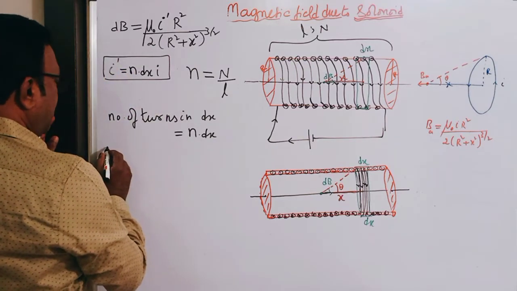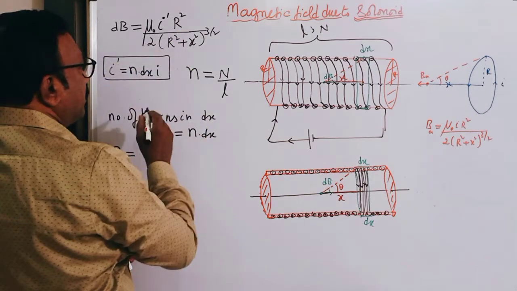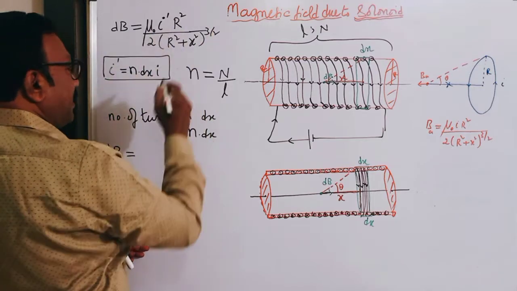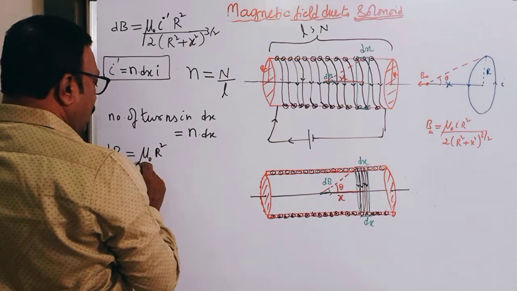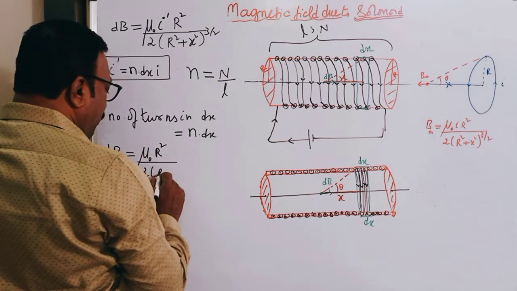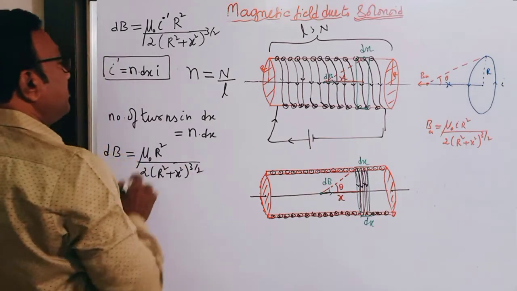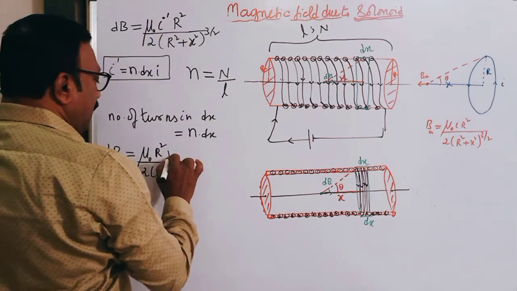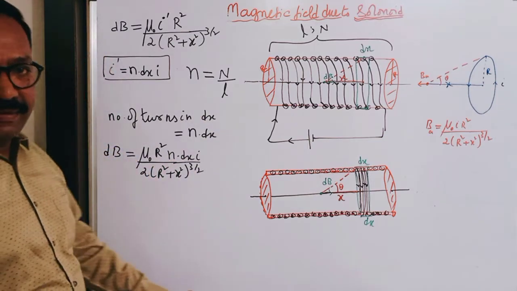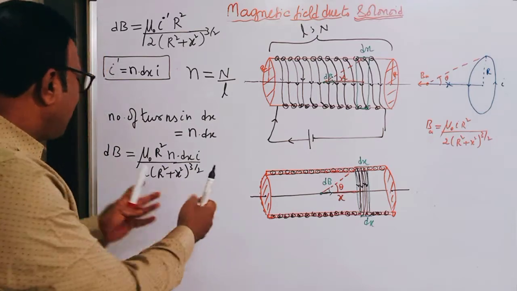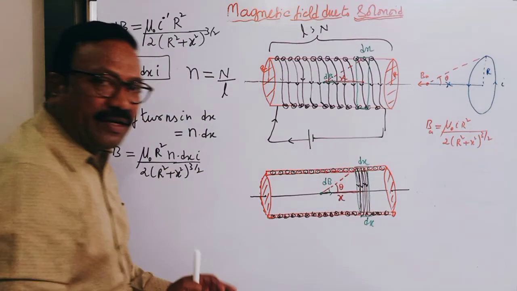This is dB is equal to mu naught r square, I'll write I dash later, divided by 2 into r square plus x square whole to the power of 3 by 2. Now I write I dash as n into dx into I.